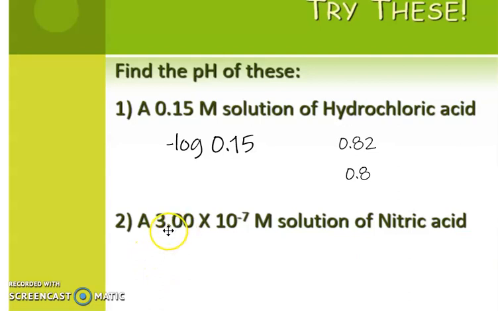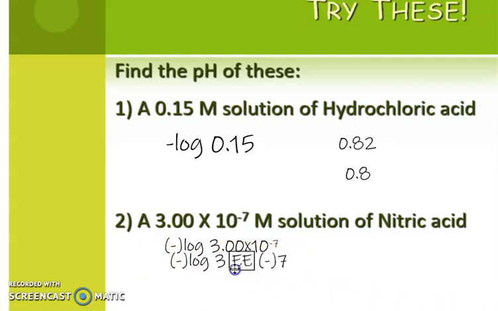Anyway, this one has got 2 decimals here, so you need to have your pH to the 10th. It's going to be a whole number and a 10th. Anyway, so go ahead and punch that into your calculator. Here's how you would express it. It'd be the negative log of 3.00 times 10 to the negative 7.